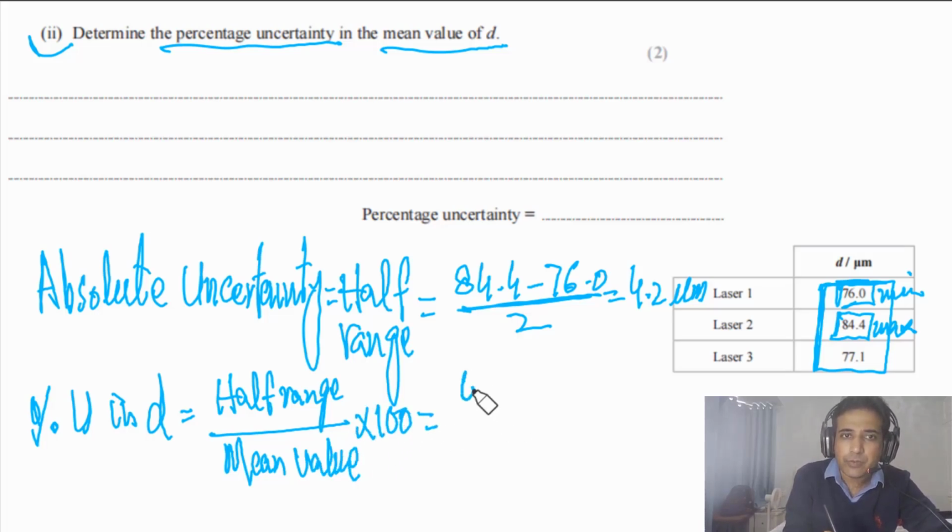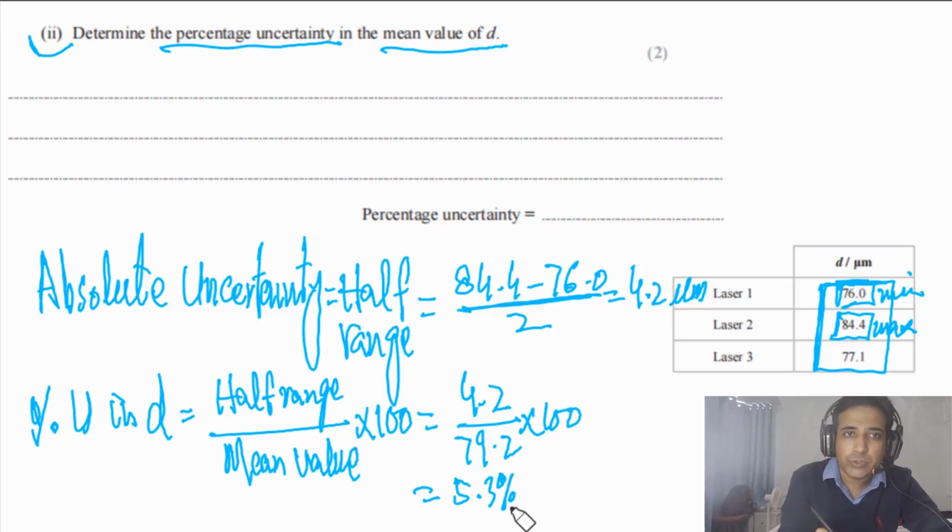The half range is 4.2, and the mean value is 79.2, multiplied by 100. In this case we will get 5.3%. So this is how you need to calculate. Simply, the percentage uncertainty in the mean value of d is 5.3%.